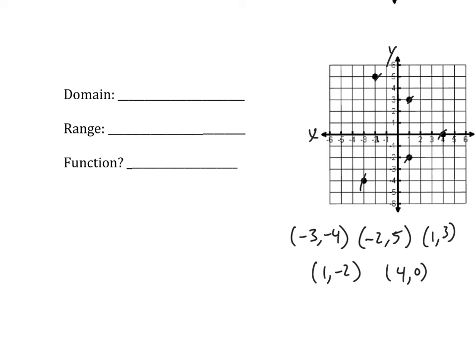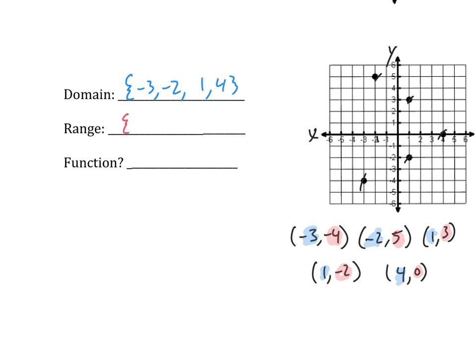So our domain is going to be -3, -2, 1, 1 again, and 4. So -3, -2, 1, and 4. We only list one time. And then our range is going to be all the others, -4, 5, 3, -2, and 0.